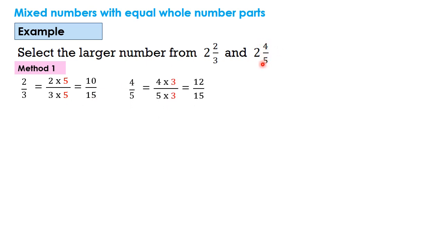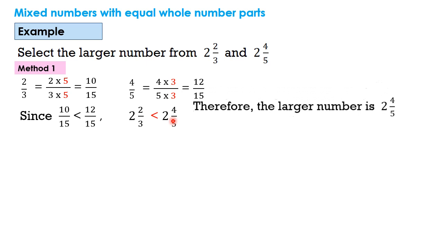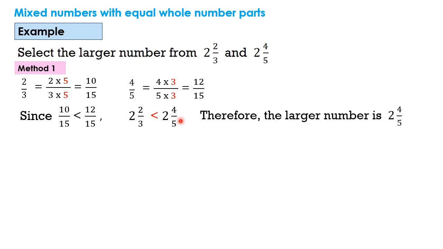Then the second fractional part, 4/5, written as an equivalent fraction, is 12/15. Since 10/15 is less than 12/15, the first mixed number is less than the second. Therefore, out of the two given mixed numbers, the larger number is 2 and 4/5.